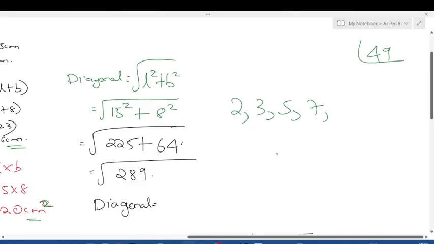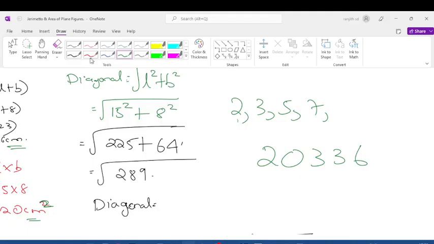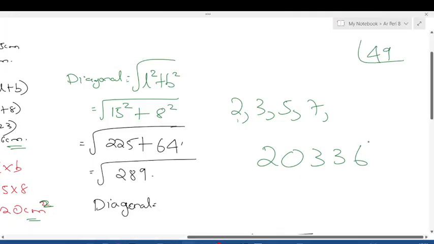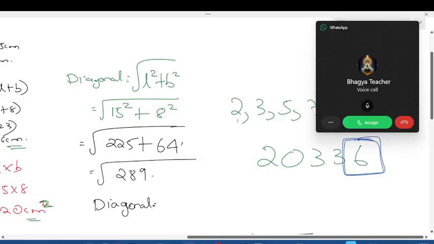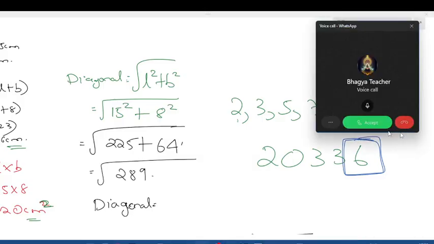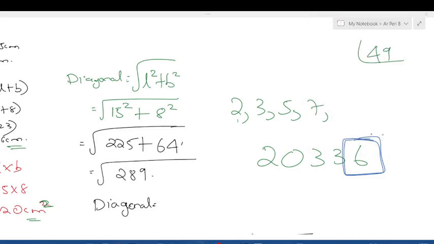Even if I take 2336, is it divisible by 2? Amilda, which number do you have to check? You have to check the last number.